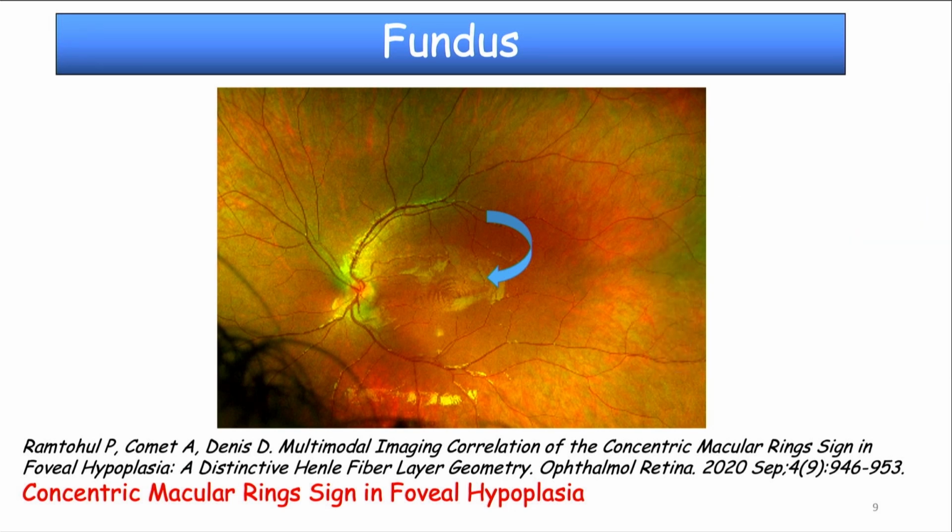It's like annular rings, like when you look at water and make a drop, and you see rings. So this is a special sign of macular or foveal hypoplasia. It's important because sometimes you have no OCT, but if you observe that, you can tell there is macular hypoplasia.